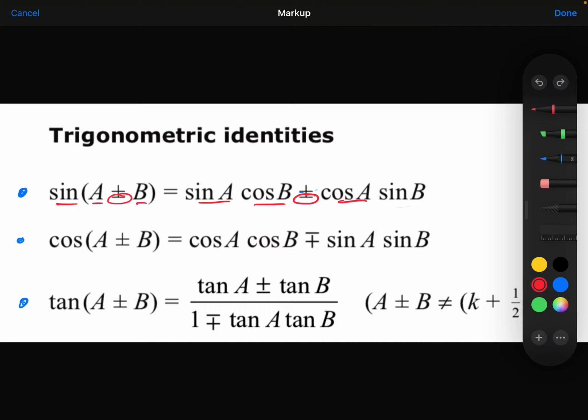So basically all I'm saying here is that if you have a plus here, then you must have a plus here. If you have a minus here, then you must have a minus here.